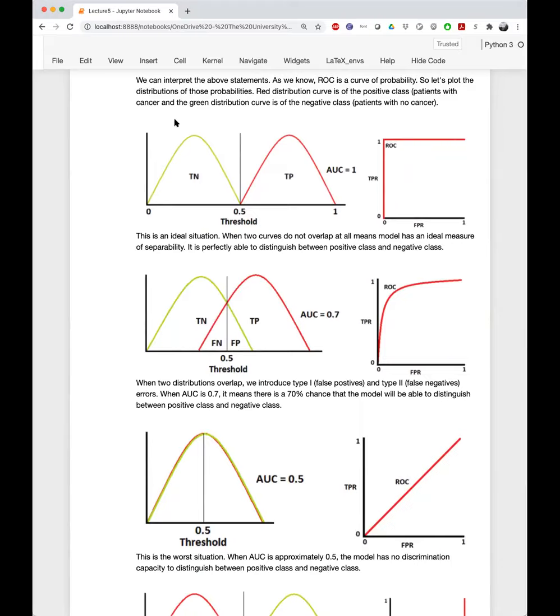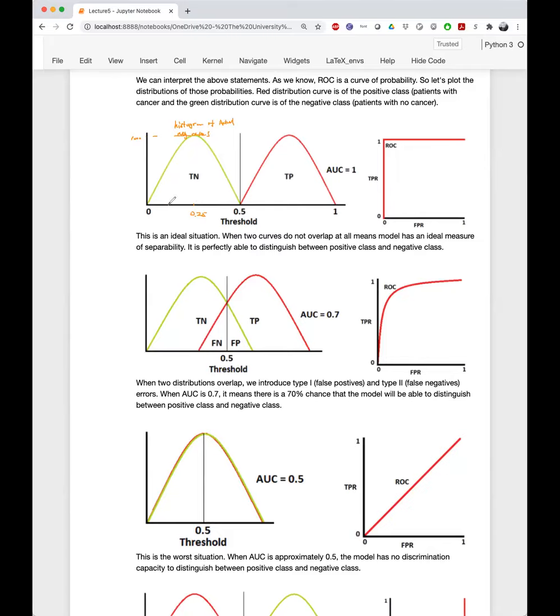So the green line you can think about as the histogram of actual negative cases. Histogram, what it means, for example, corresponding to threshold points, this is 0 to 1, this is 0.5, so this is about 0.25. It corresponds to maybe 1,000 cases.